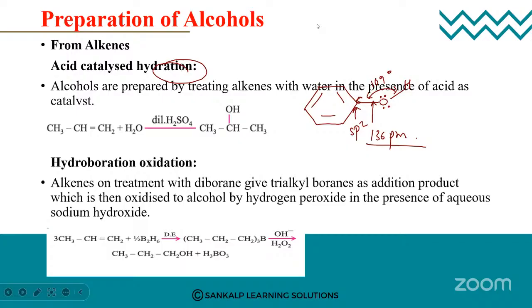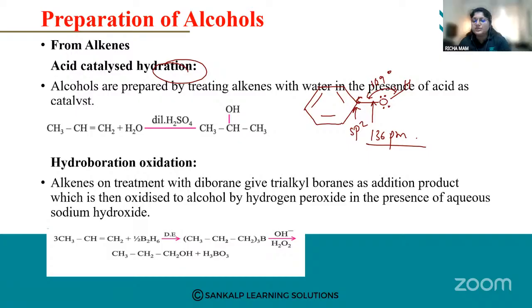So alkenes, on treating with diborane, give you trialkyl borane, which on further oxidation in the presence of aqueous sodium hydroxide will give you the alcohol. As we know for the addition reaction, this hydroboration reaction goes in the presence of hydrogen peroxide.